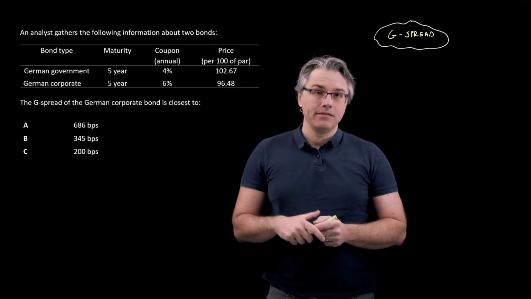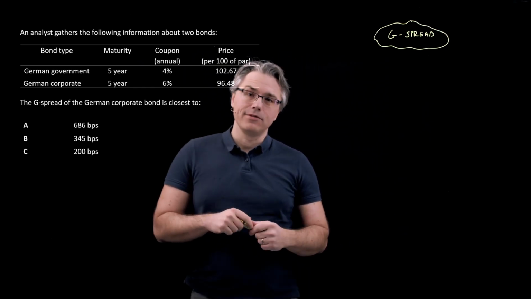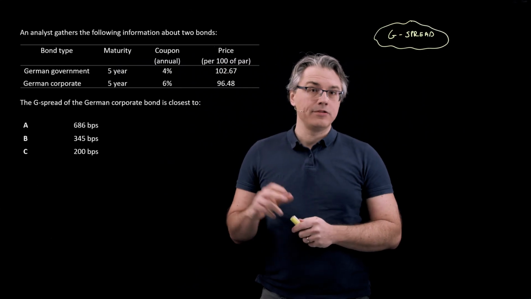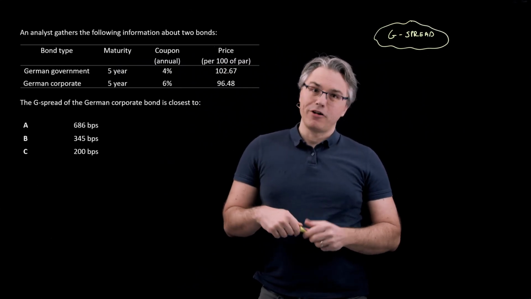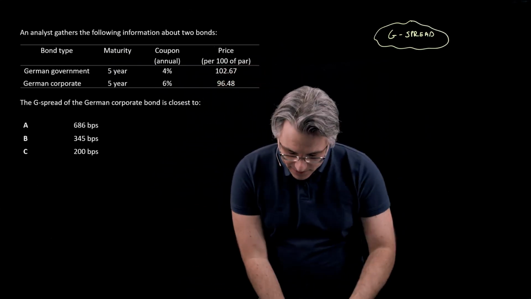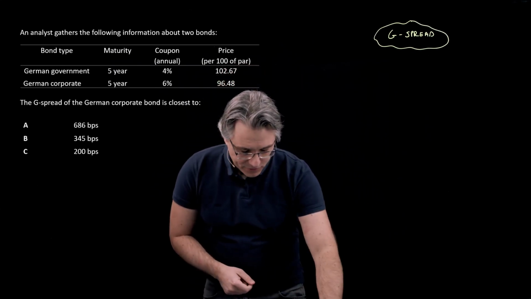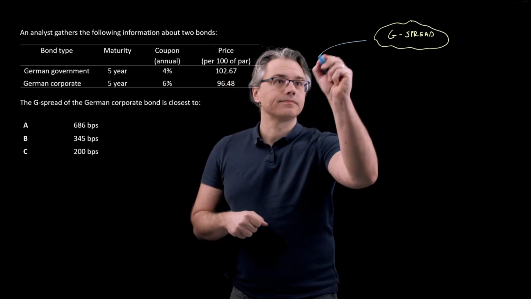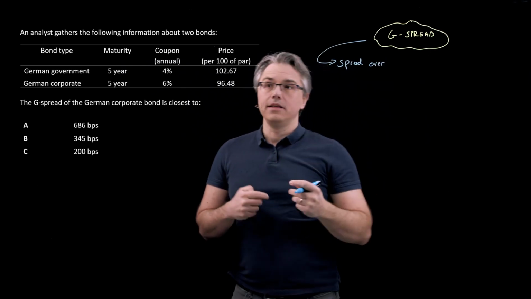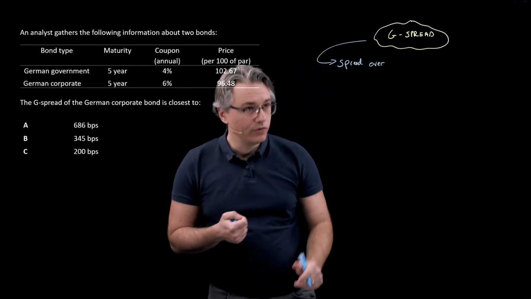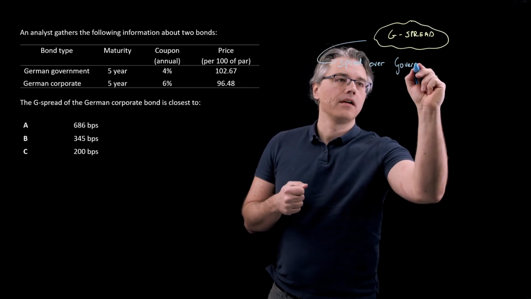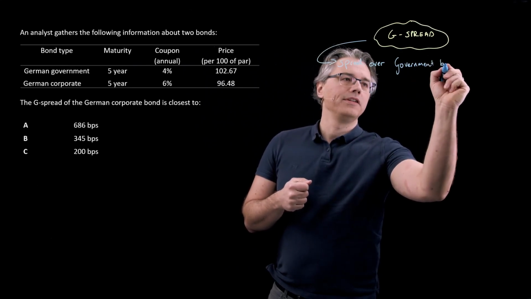Right. This is a relatively easy thing to do if you know how to compute the yield to maturity on a fixed income instrument using your preferably Texas Instruments BA II Plus calculator. Let me just explain that the G-spread is basically the spread over the government bond yield, hence the G in the name, government bond yield.